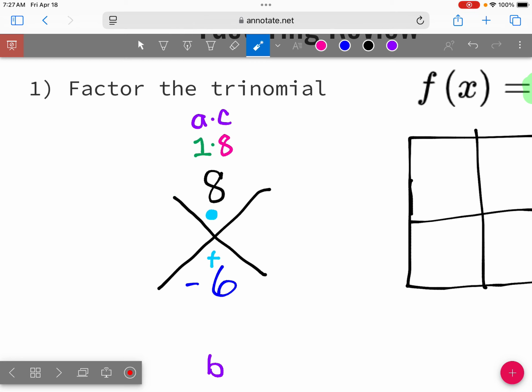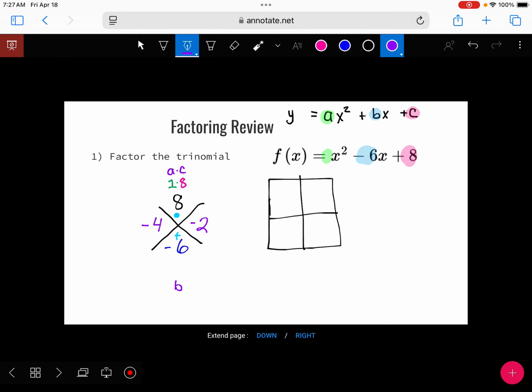If the top number is negative, one of these will be negative. So if it's a positive up here, we're looking for these two that add to be this. If it's a negative up here, these two will subtract to be this bottom number. So we're going to have our -4 and our -2.